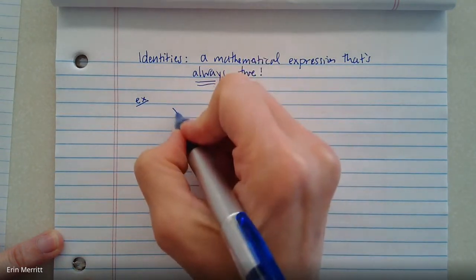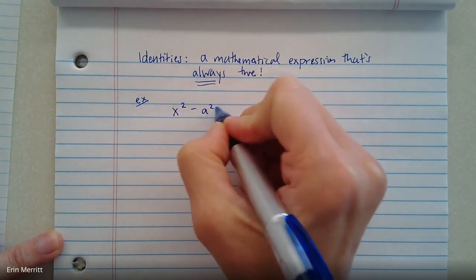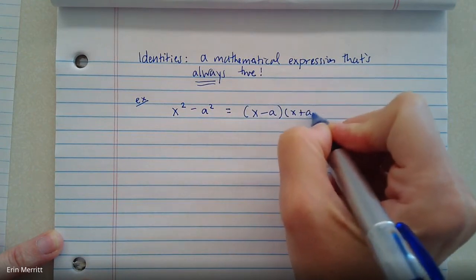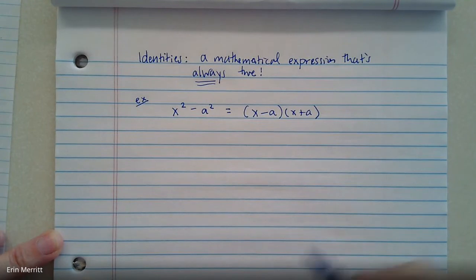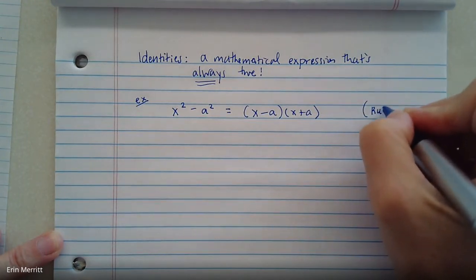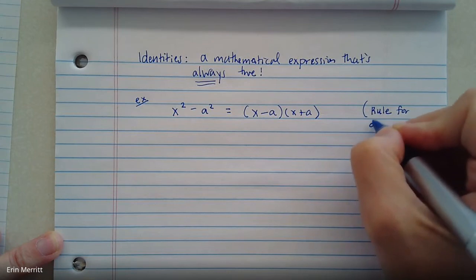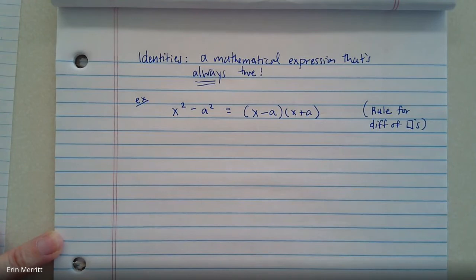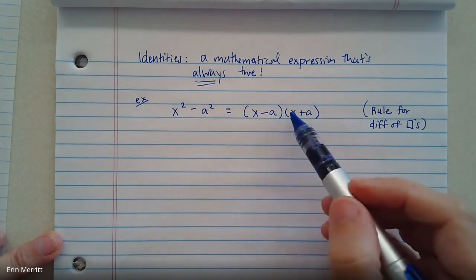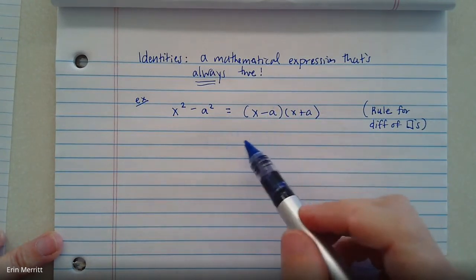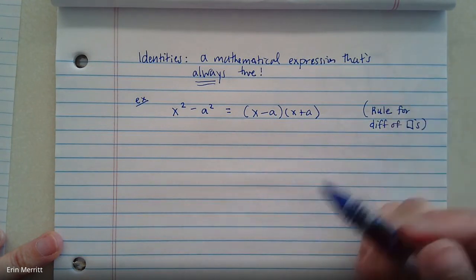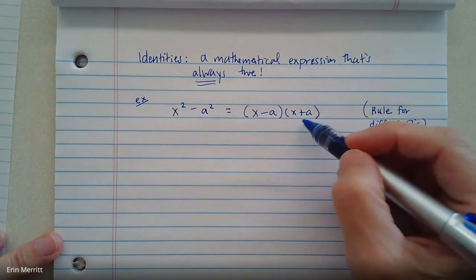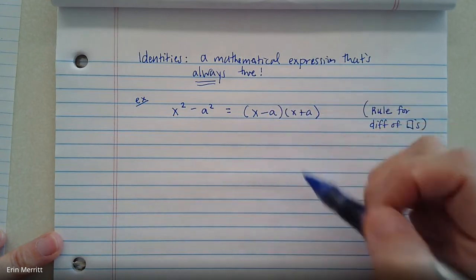All right. So if I give you the identity that x squared minus a squared is always equal to x minus a times x plus a, you might actually recognize that as being the rule for difference of perfect squares. So a nice factoring rule, but it's an identity because if we take this product, it'll always equal this. So to be able to verify the identity, what we actually do is either factor down one side or more likely you'll multiply out one side to show that the two sides are equivalent.